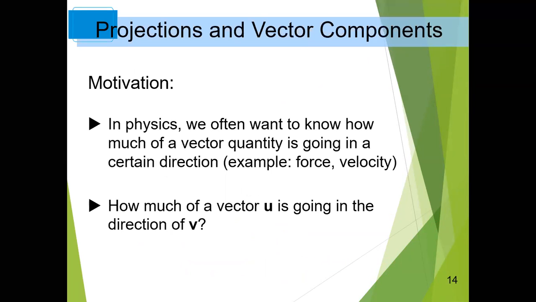Let's talk about vector projections and how we could get a handle on that. So in physics, we sometimes want to know how much of a vector is actually going in a certain direction. It's like how much of this force that's being applied is actually in the horizontal direction, and how much of this force is in the vertical direction, for instance.